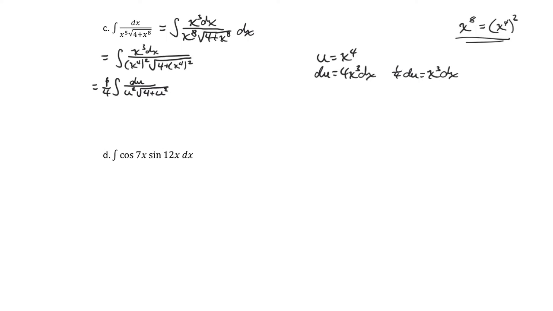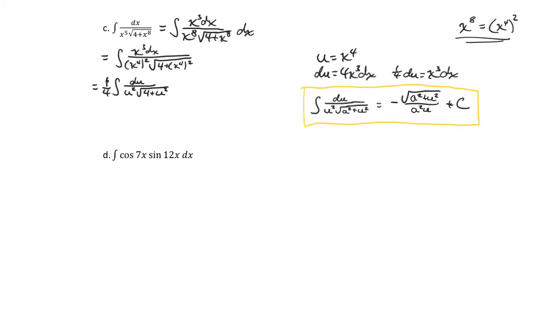Here I see something where I've got this form of the square root of something squared plus u squared. This is an a squared plus u squared thing, and so I look and I find this formula. It has the right form. We have 4 plus u squared, so I think that my 4 is going to play the role of that a squared. a squared is going to be 4, which would mean that a is 2, but I don't think we're actually going to need that.